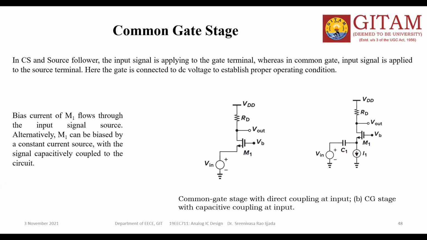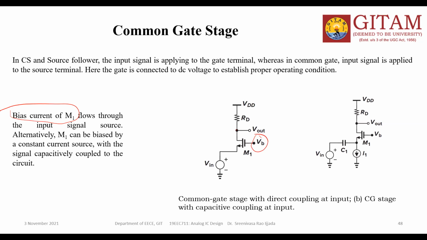This is the M1 transistor. Bias current of M1 transistor flows through the input signal source. Alternately, M1 can be biased by a constant current source with the signal capacitively coupled to the circuit. Why? Because the bias voltage is applied so that some amount of bias current flows.